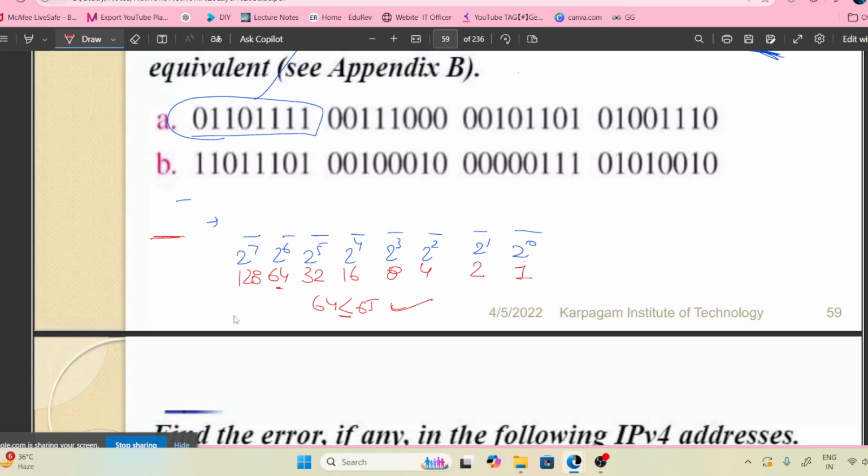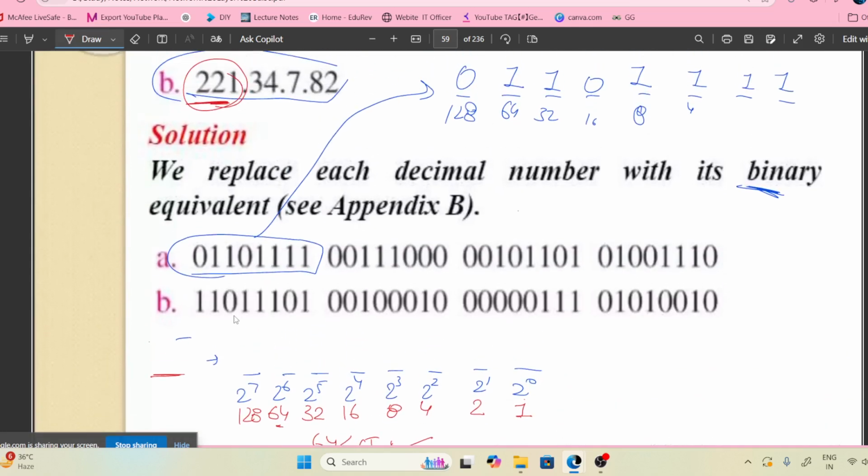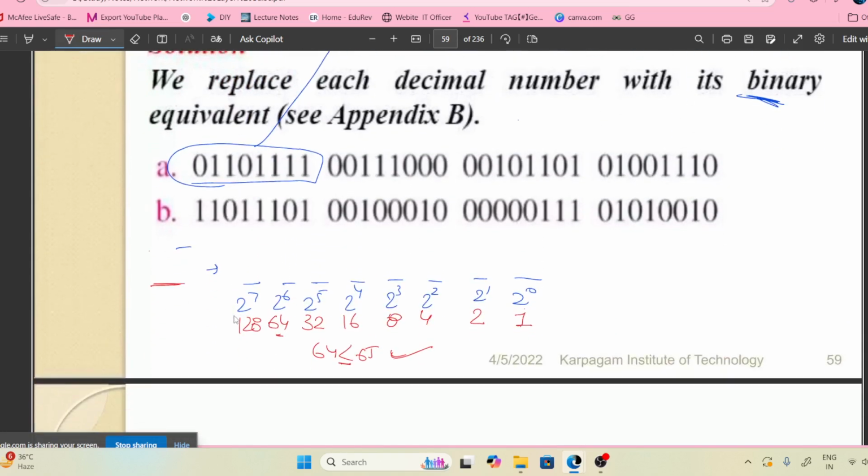The number that we are having is 221. 128 is the maximum number, so I can use it, yes, because it is smaller than 221. So I have used this, so 221 minus 128 leaves 93.